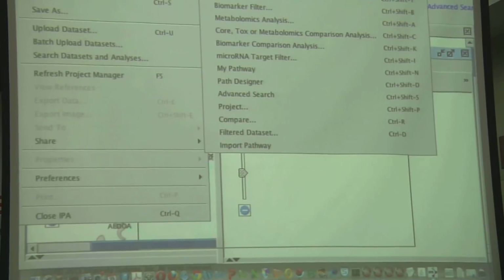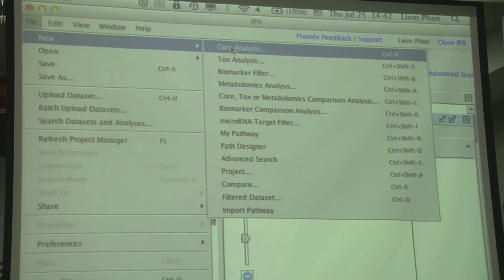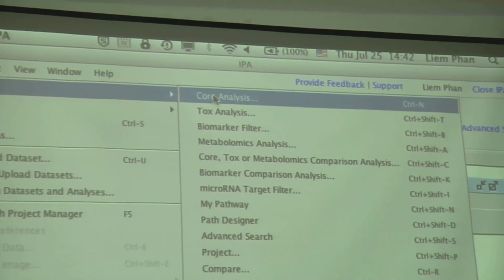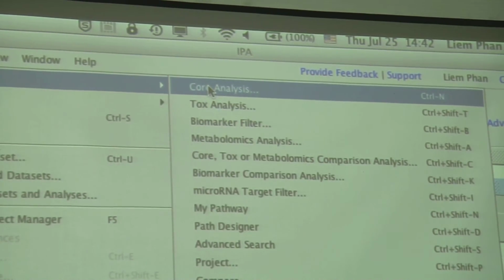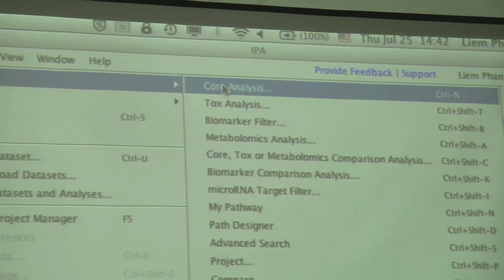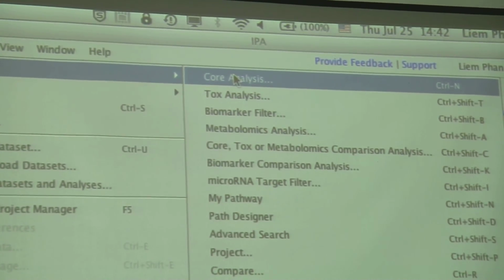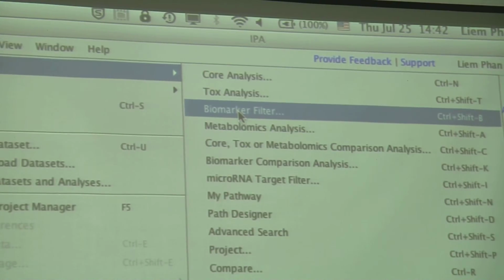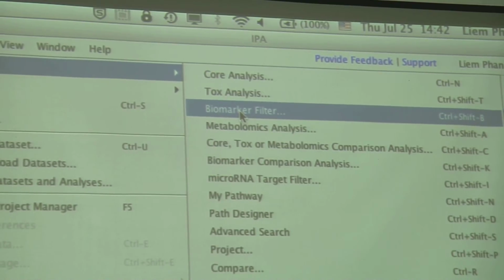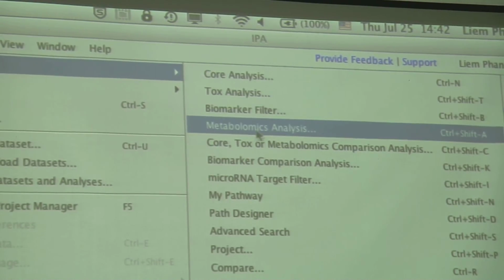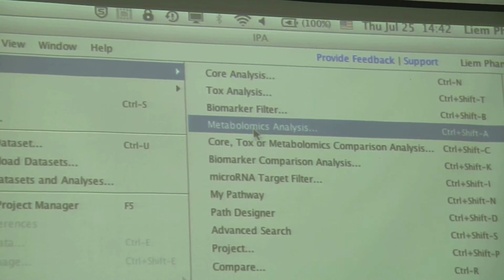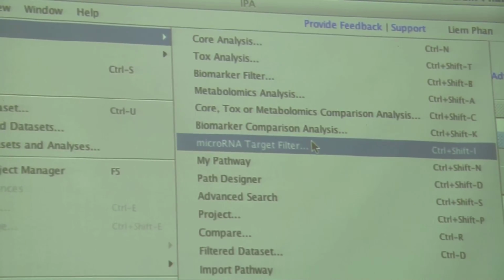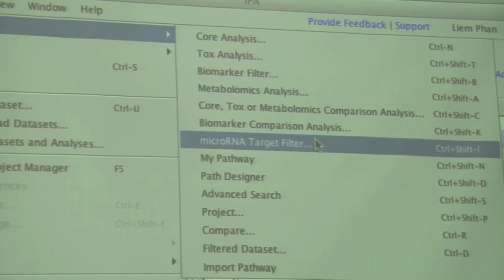IPA can also allow you to do a core analysis. For example, you would like to know what kind of change, what is the gene responsible for the disease, etc. So in this case, you're going to use core analysis or tox analysis. If you would like to identify the biomarker, then this is the right option. In case some of us do a cancer metabolism study, then metabolomic analysis is the right option, and microRNA as well.